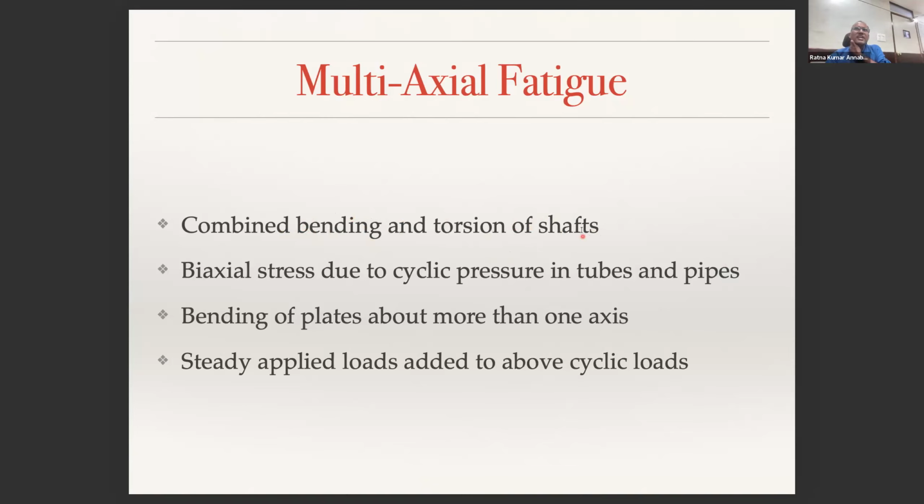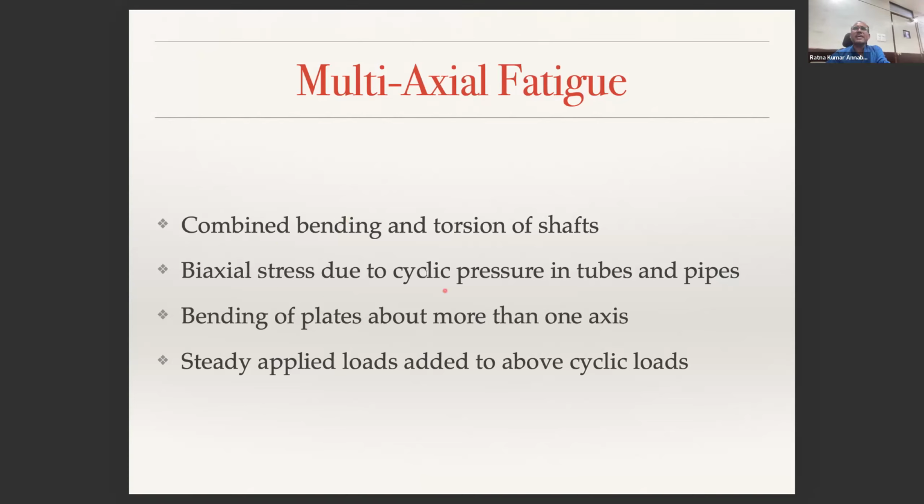So if you want to design a shaft to transmit torque, it is subjected to both bending and torsion, which means cycling between bending stress and torsional stress, that is, shear stress. This is a typical classic case of combined loading, and 90% of components will experience this multi-axial loading.